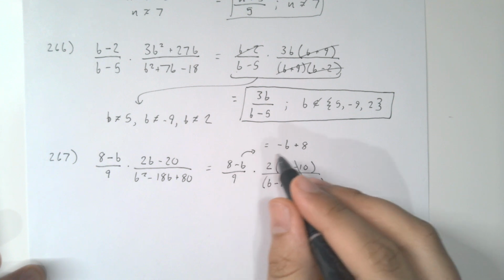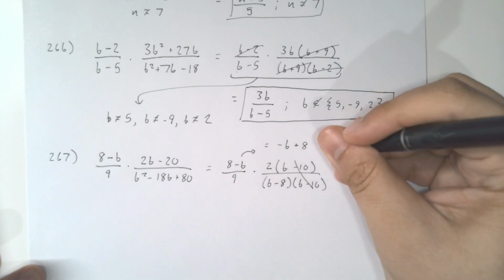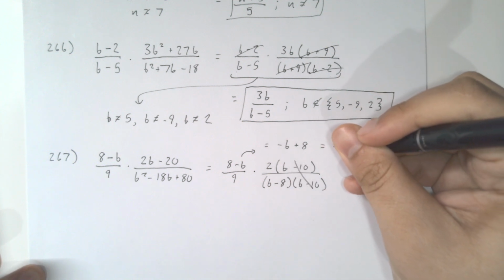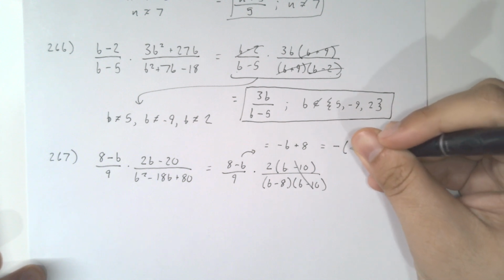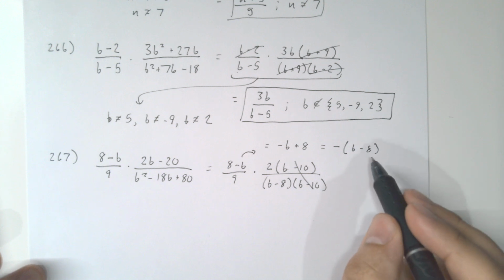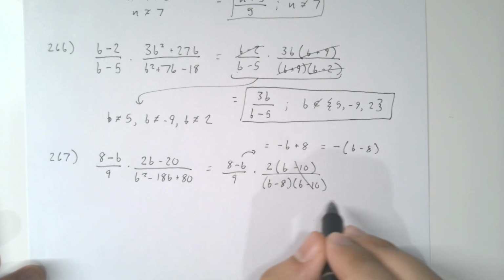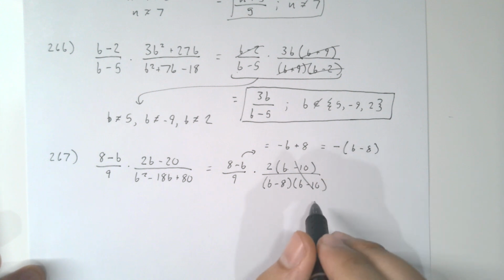That's because of the commutative property. And what if we factor out a negative 1? If we factor out a negative 1, this is now negative times b minus 8. So 8 minus b is the same thing as negative times b minus 8.